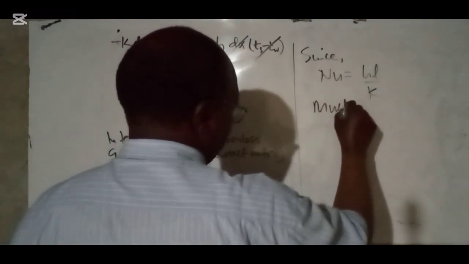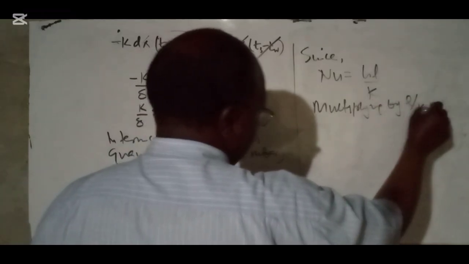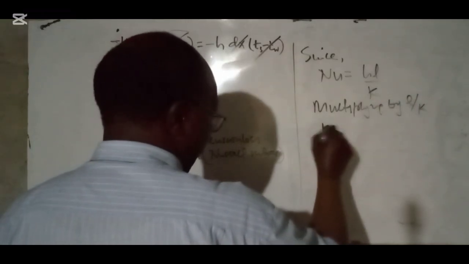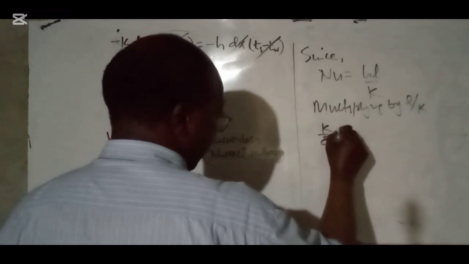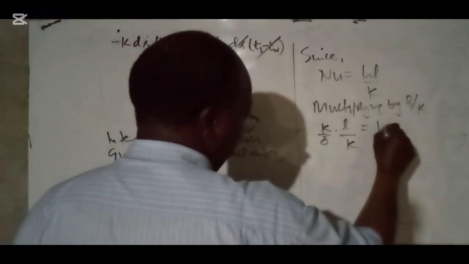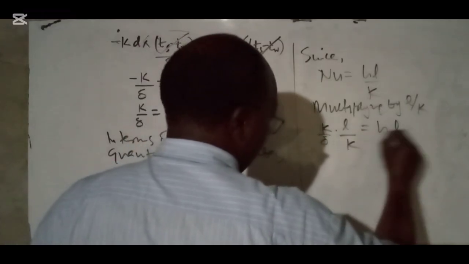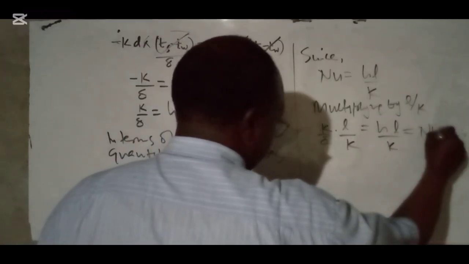Multiplying by L over k, we get k over sigma times L over k equals hL over k, and that's the Nusselt number.